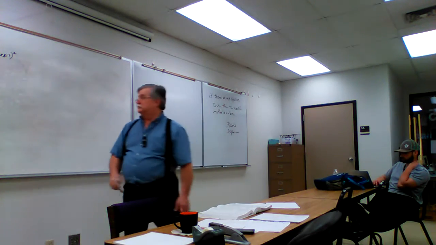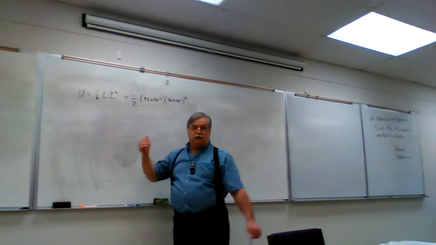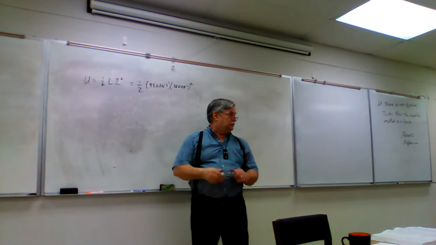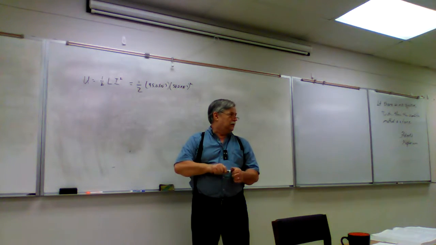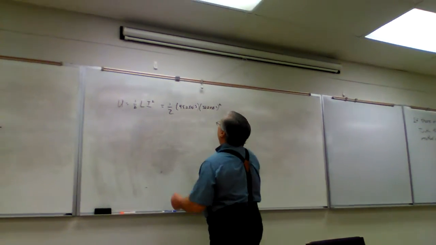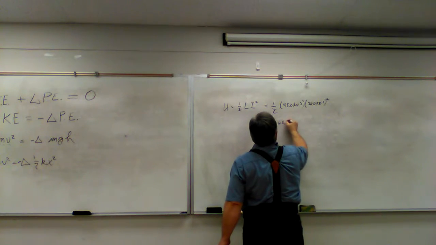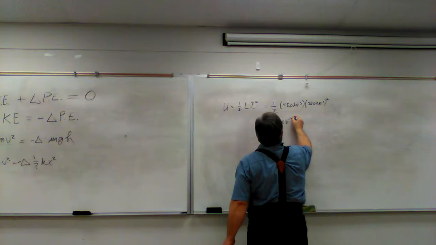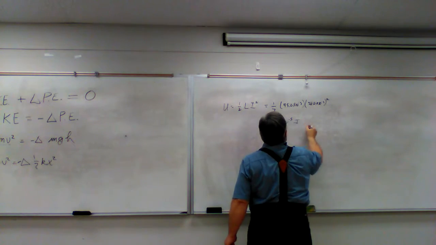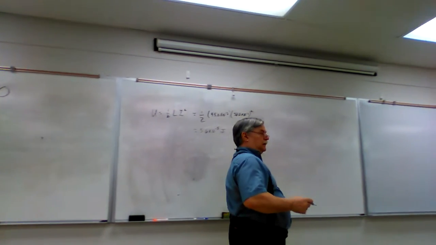Okay, so somebody with a calculator, do the arithmetic. What's that work out to? 5.6 times 10 to the negative 5 joules. All right?